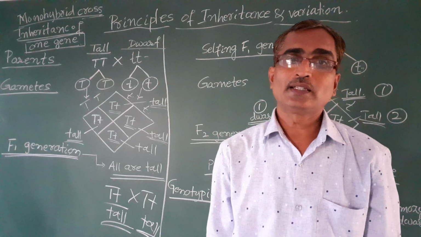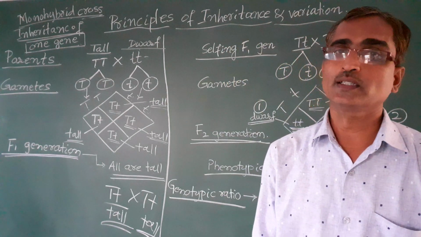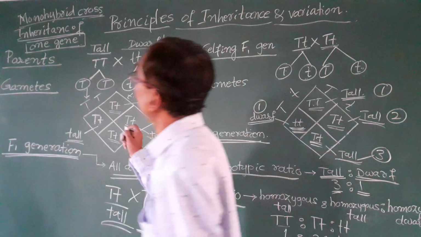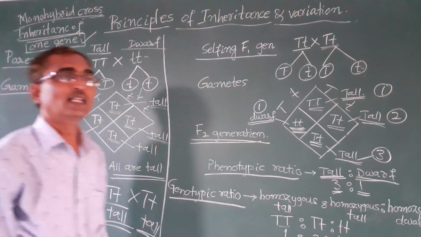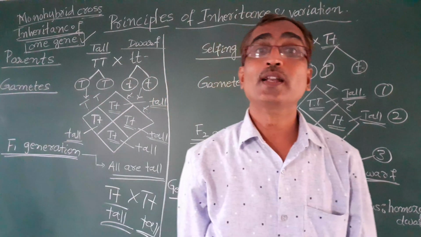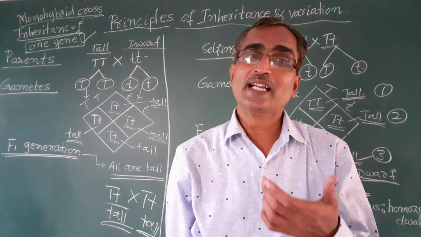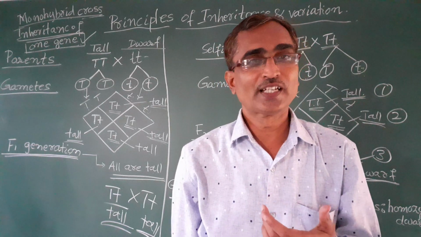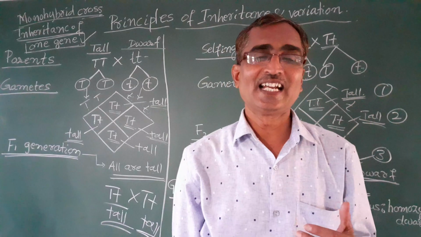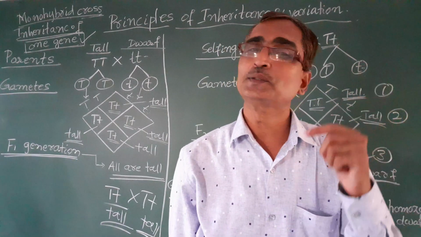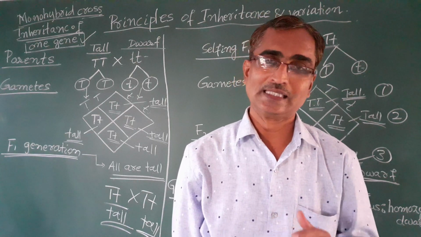With that, we continue, and today we will discuss the inheritance of one gene. That means one character is taken here for the experiment, and how that one character gets inherited from the parents to the offspring. That is what we are going to discuss here.